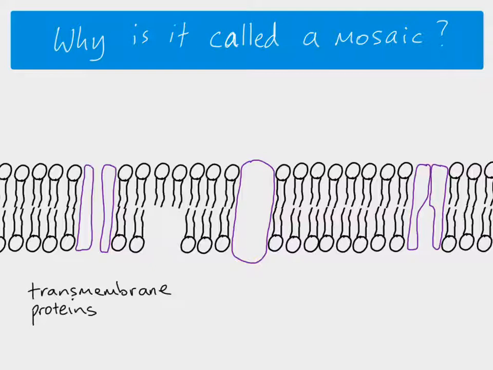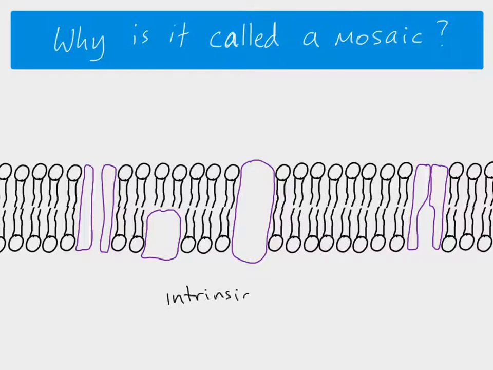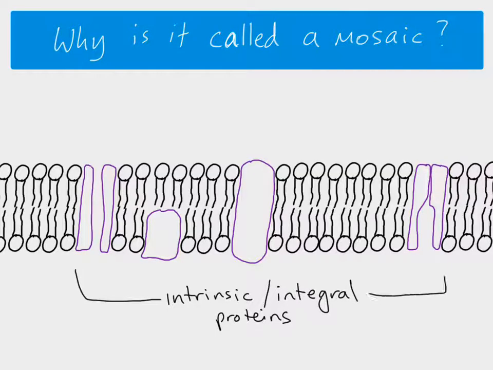We can also have proteins which don't span the whole membrane, and they just are embedded into one side or the other, like this one here. All of these, so all four of these, because they're embedded in the membrane, we call them intrinsic or integral proteins, because they're actually in the membrane itself.